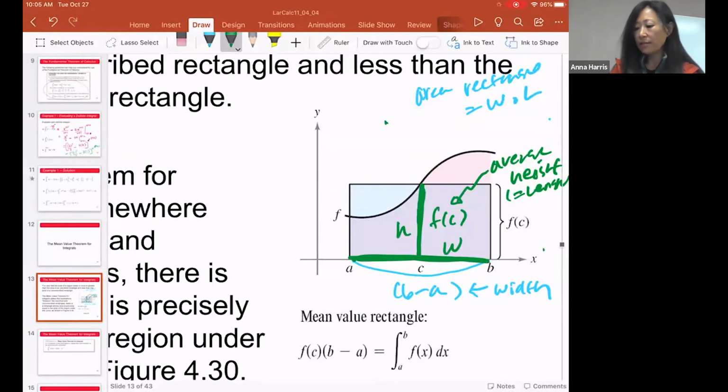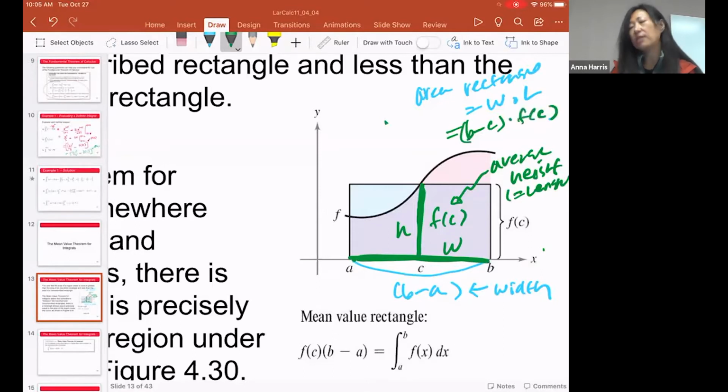So that gives me, that's my width, my height is f of c. This height right here happens to be in the middle, in this case.